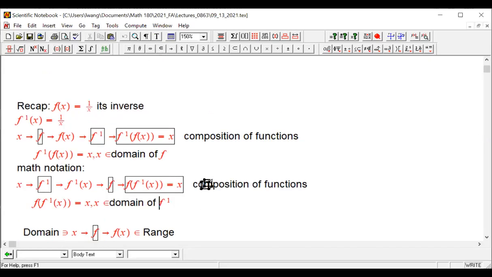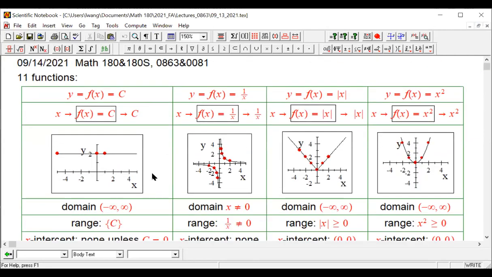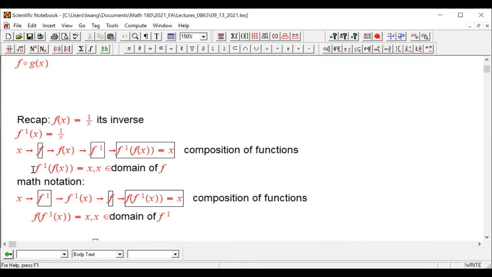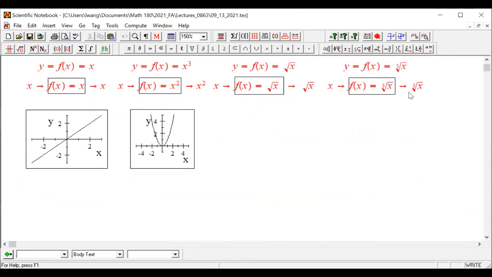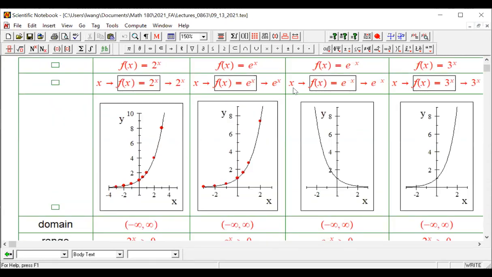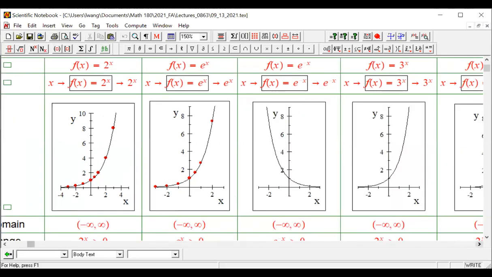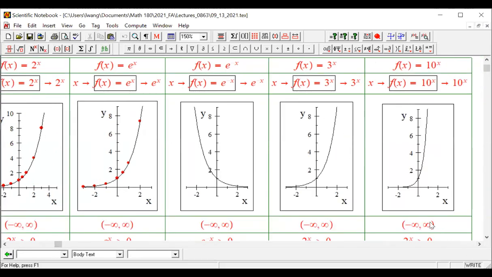Now, with that said and done, I want to review the operations with you. Can you imagine all of these functions, this one, this one, all the way up to 8, 9, 10, 11, 12, 13, 14, however you count them?